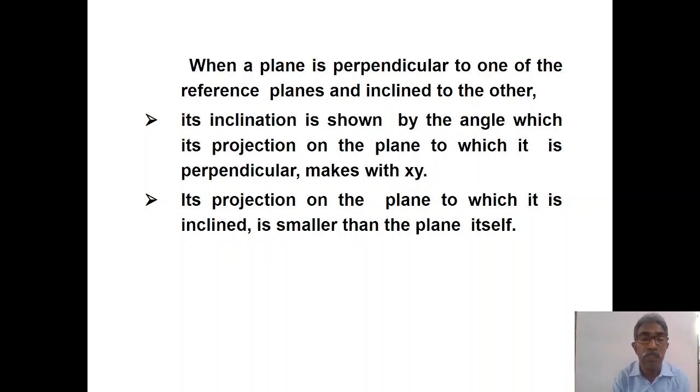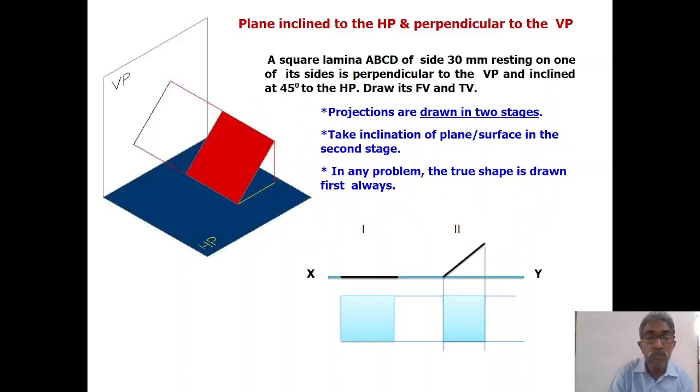In the last problem, the plane is perpendicular to the vertical plane. That's why in the front view, the projection on the vertical plane is a line making the same angle as the plane makes with the horizontal plane.